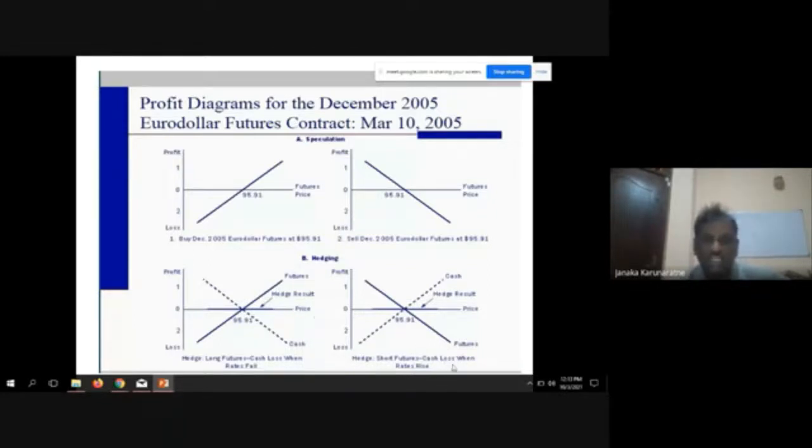Similarly, take a short futures position. Now you have sold the futures. When you sell the futures, any price increase will result in a loss in the futures market. Right? But any price decrease will result in a gain because you have sold the futures at a higher rate than the prevailing price.